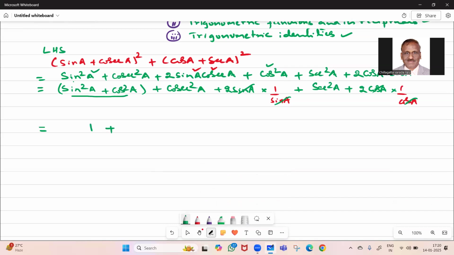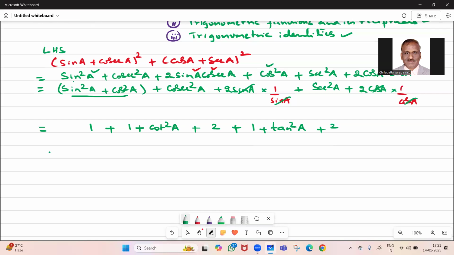Plus, you know that 1 + tan square A equals secant square A, and 1 + cot square A is equal to cosecant square A. So cosecant square A can be written as 1 + cot square A, plus here sin A cancels, so 2, plus secant square A can be written as 1 + tan square A, plus cos and cos cancel, we got 2.